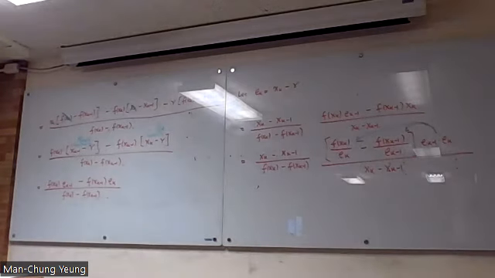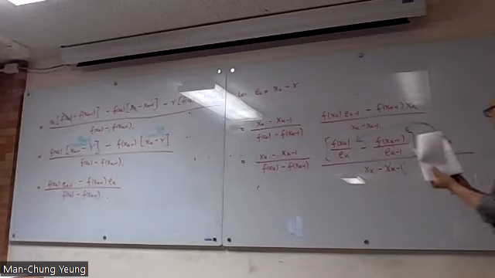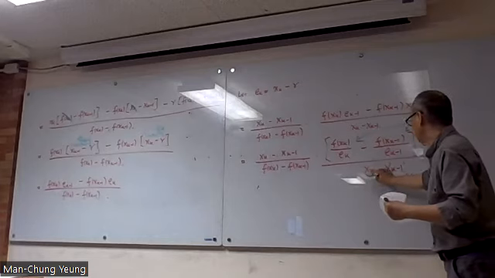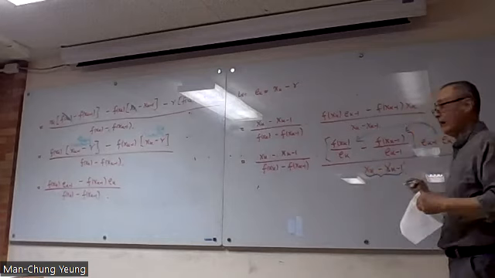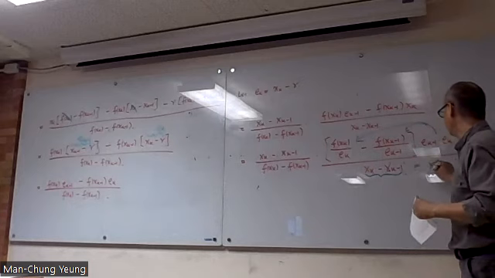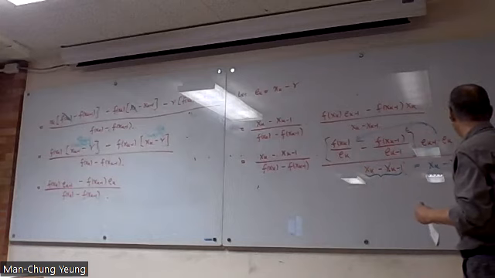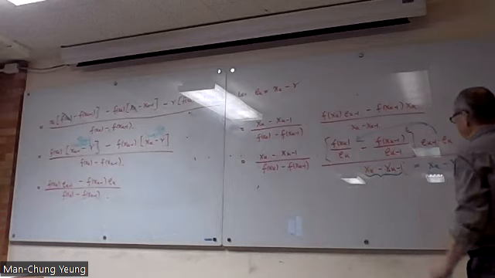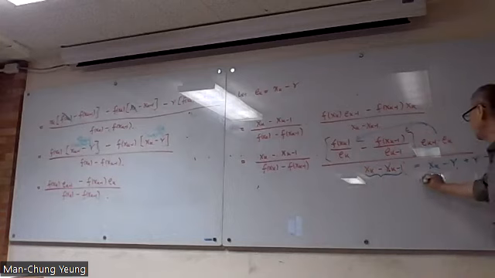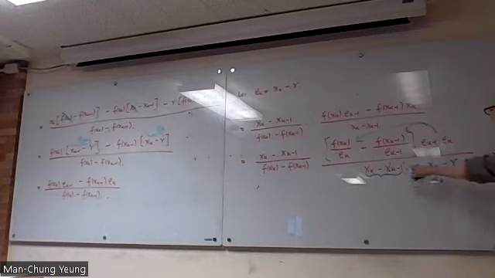Not done yet. Let me go further. First, this is equal to xk minus r plus r minus xk minus 1, so this is ek minus ek minus 1, the denominator.